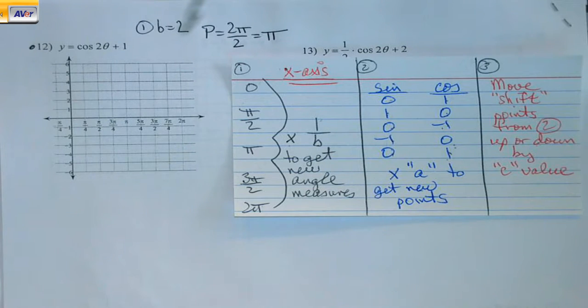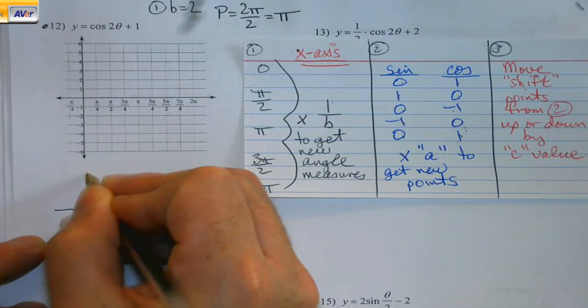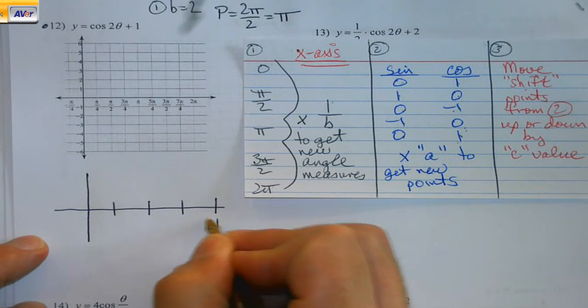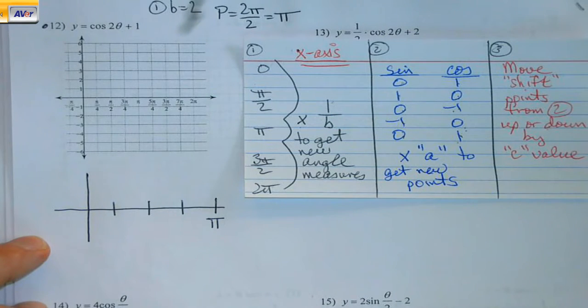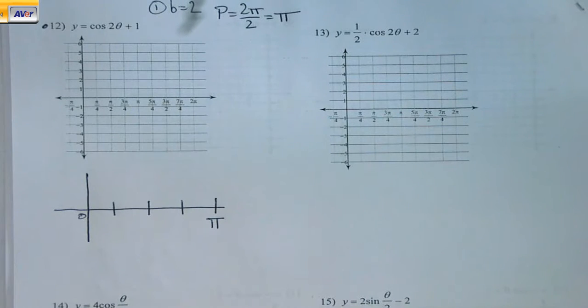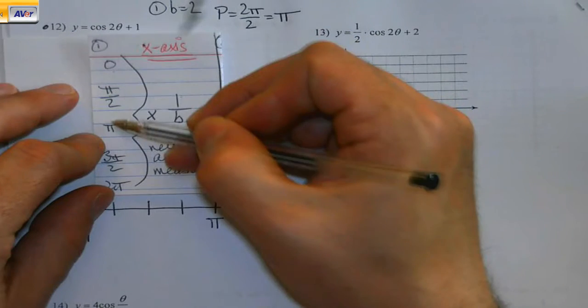And if some of you are more comfortable drawing your own graph than dealing with this, that's fine. Okay? Actually, I think I'm just going to do that here. So let me do a sketch of my own, because we're kind of more used to doing it that way. Okay, I know pi is going to be the end. How do I get the rest? Okay. So let me fold this over. To get the rest, I'm going to use these values.